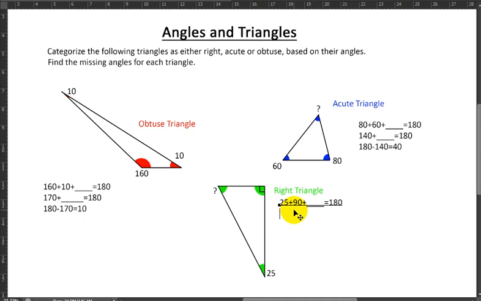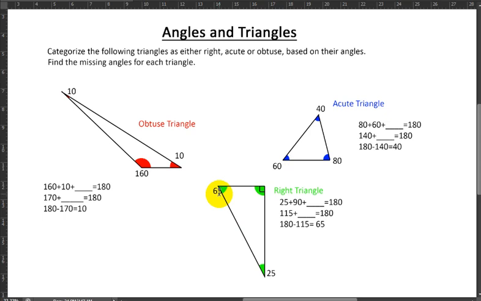Well, 25 and 90 make 115, plus what makes 180? So to find this, I would need to find the difference between 180 and 115. And if I do this subtraction, I'm going to find 65. So this angle should be 65 degrees. This one we found to be 40.